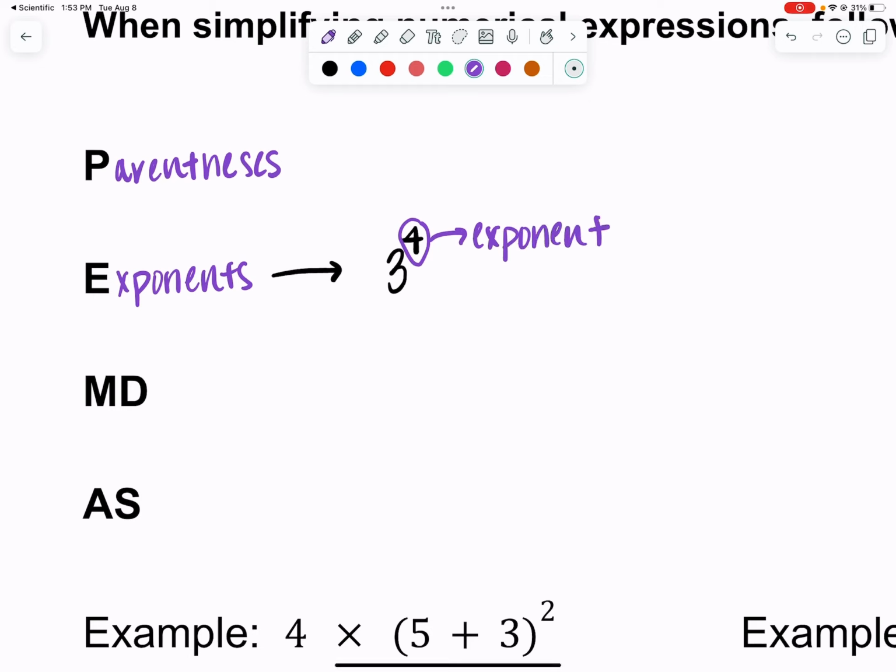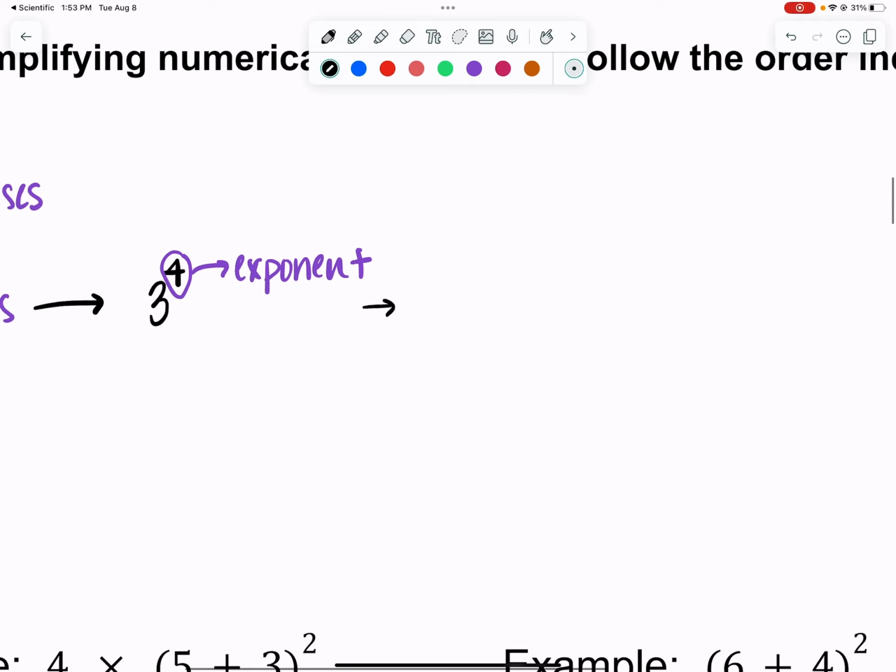And that 4 tells you to use 3 as a factor 4 times. So that would be the same as 3 times 3 times 3 times 3, not 4.